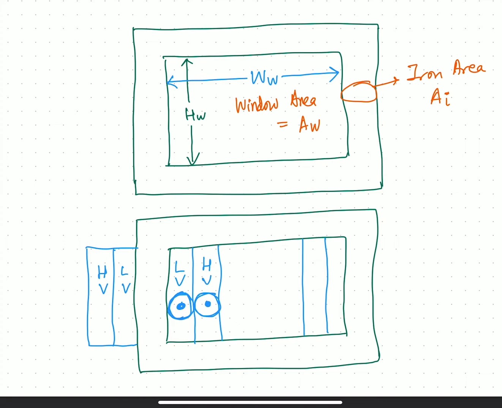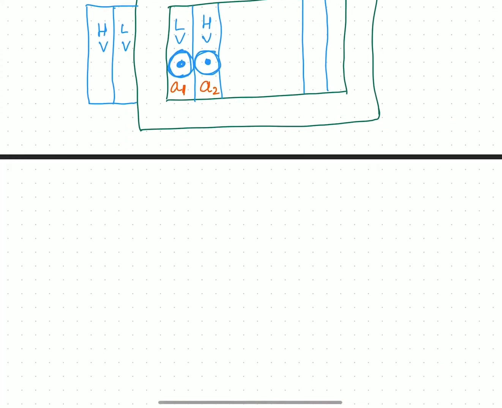We say that the LV winding has an area A1, and the HV winding has an area of cross section A2, right? So we basically want to have the output equation for the transformer in relation to the main dimensions, right? So that is what we are interested in.